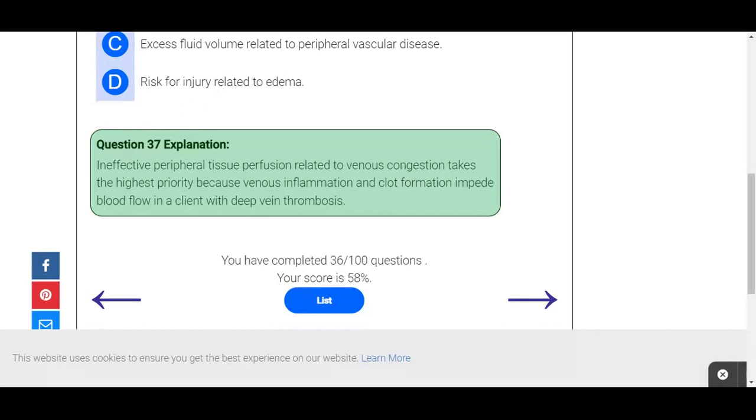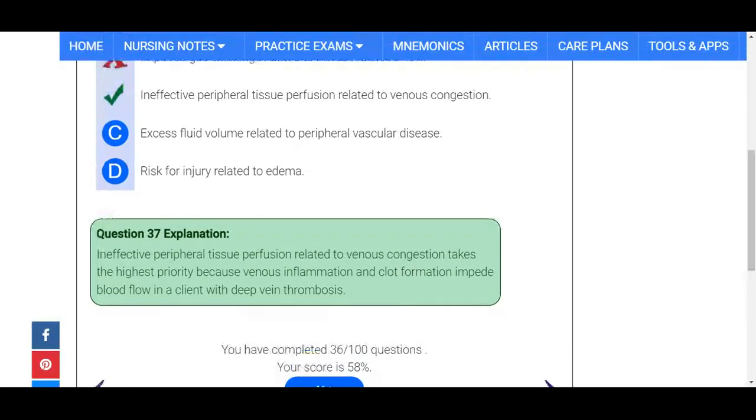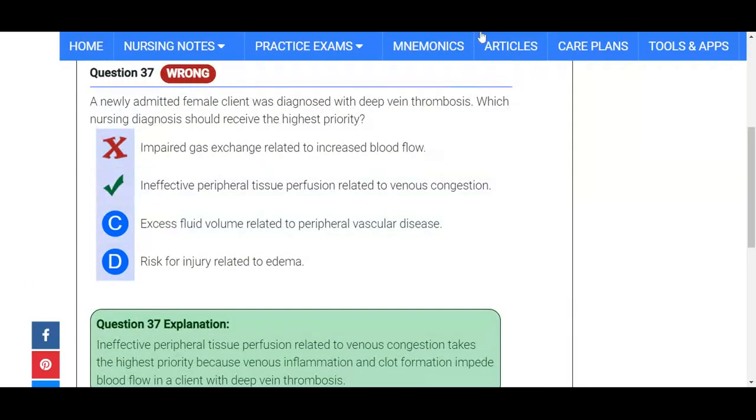This is why it's so important to understand what a deep vein thrombosis is. A deep vein thrombosis occurs when a blood clot forms in one or more of the deep veins in the body, usually in the legs. Deep vein thrombosis can cause leg pain or swelling.